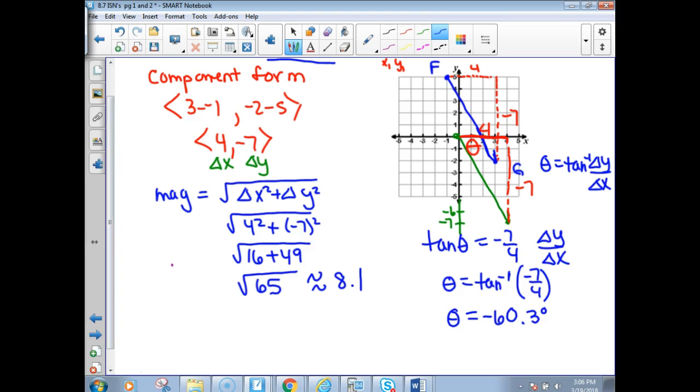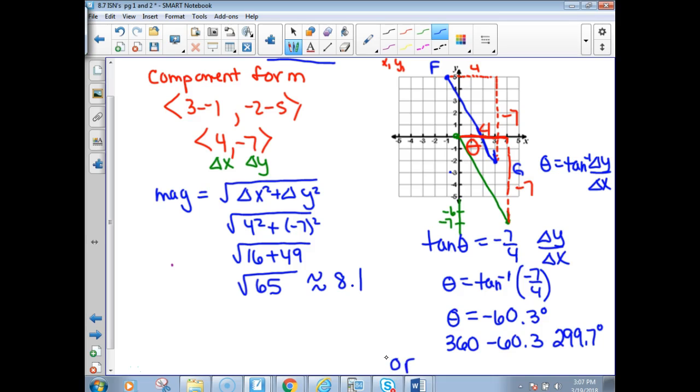It could be all the way from here to here, which would actually be 360 minus 60.3. So one way to describe it is 299.7 degrees.